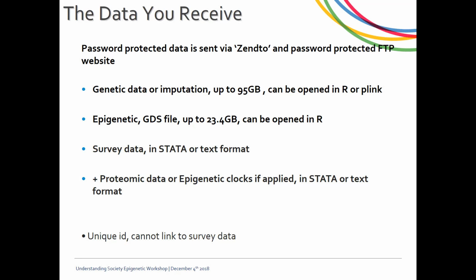But if you require any imputation data, then it will be up to 95 GB. So could be quite large, and it can be opened in R or Plink or some other software.